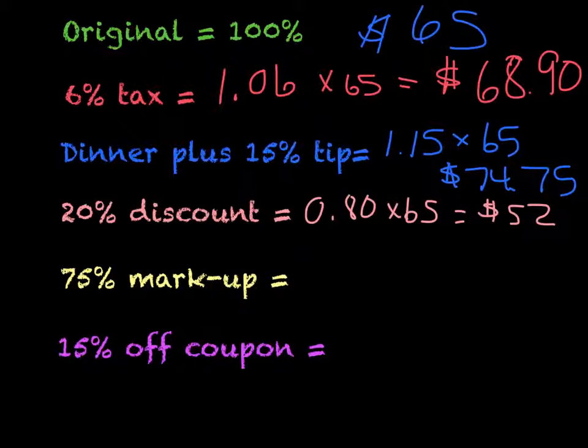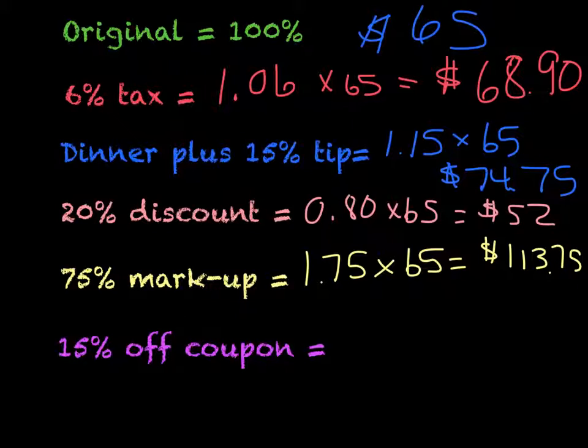Now you guys have calculators on your phones, if you have a phone, so that's pretty convenient. Okay, 75% markup. It is, again, a markup, so it's extra, so that's just going to be 1.75 times 65, and that would be $113.75. Almost doubled, not quite, but almost.